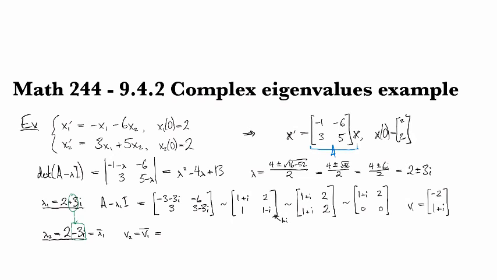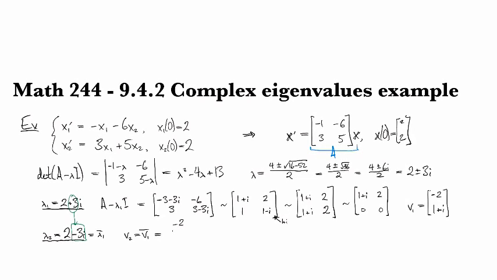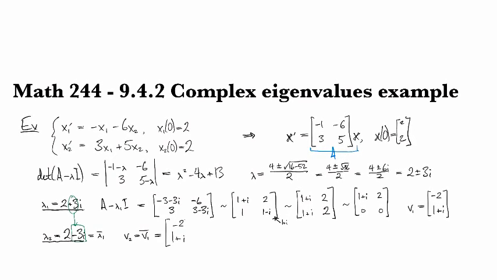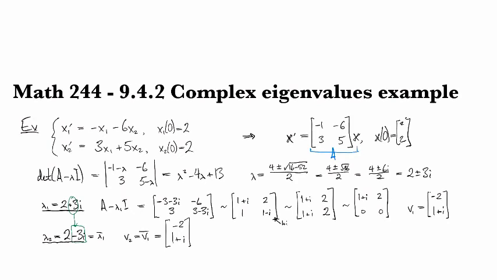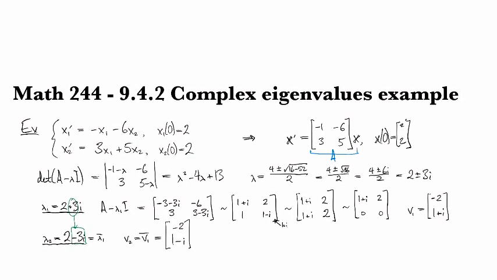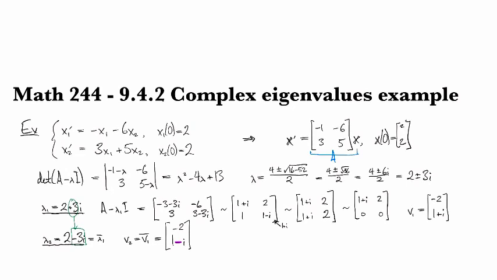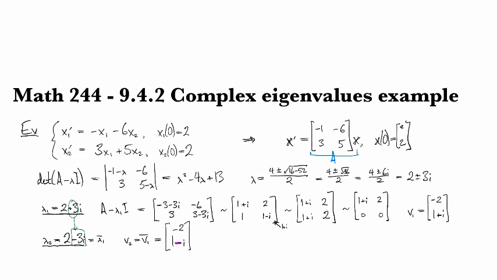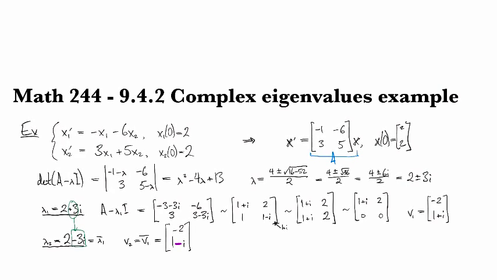So v1 was minus 2, 1 plus i. So to negate the imaginary part, I just make that bottom one a minus sign there. So just for emphasis, I'll make it purple. And that will work as an eigenvector.